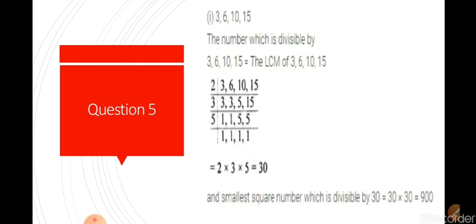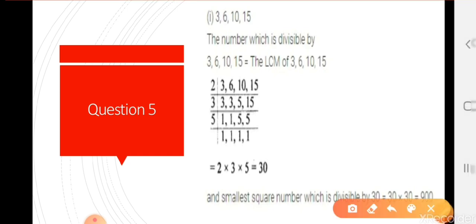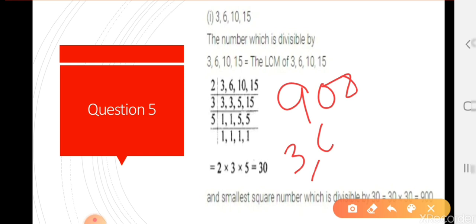We have to take out that number which is divisible by all these numbers. Simply we will take out the LCM. So when we take out the LCM, it will come 900. So 900 will be the number which is divisible by 3 also, 6 also, 10 also and 15 also. You can divide and check it also.